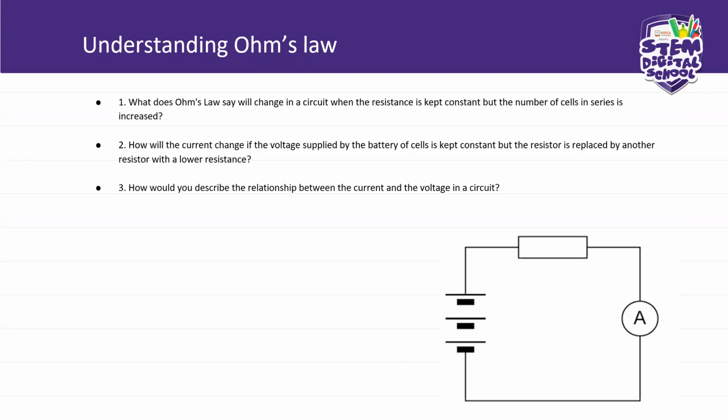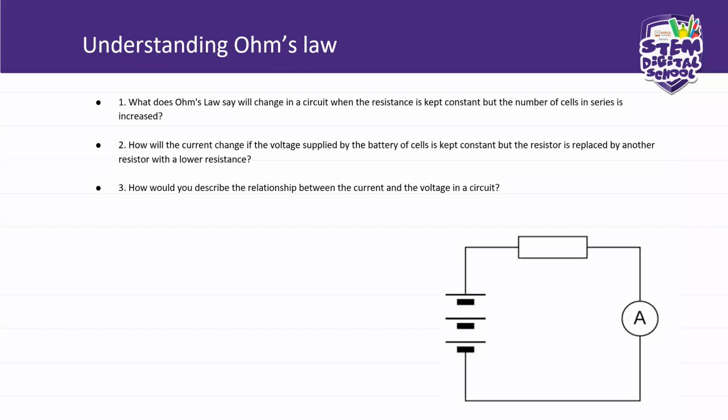So when you add the number of cells, you are increasing voltage. So you will also be increasing current, provided that resistance is kept constant. Right?